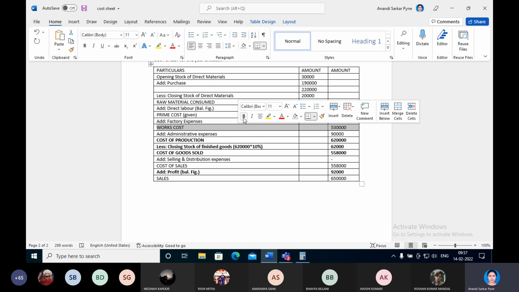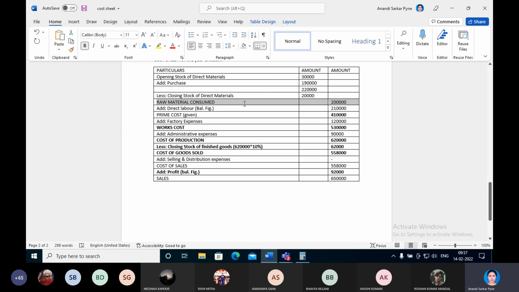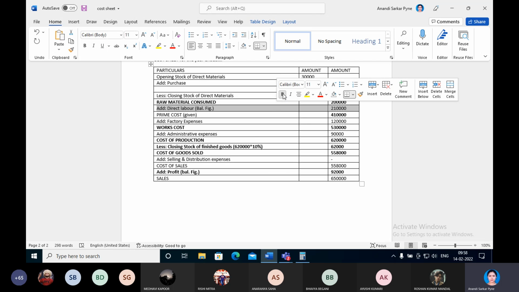Then we have added works cost also with administrative expenses to get cost of production. Prime cost was already given. What we found out was raw material consumed, and we found out direct labor as the balancing figure.